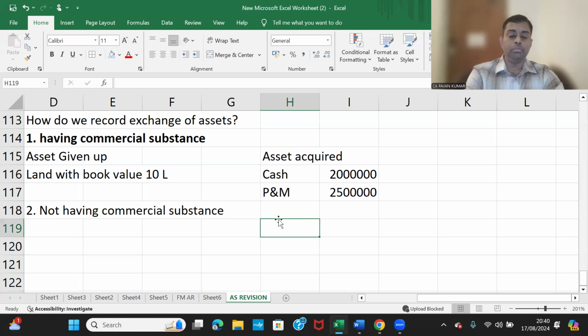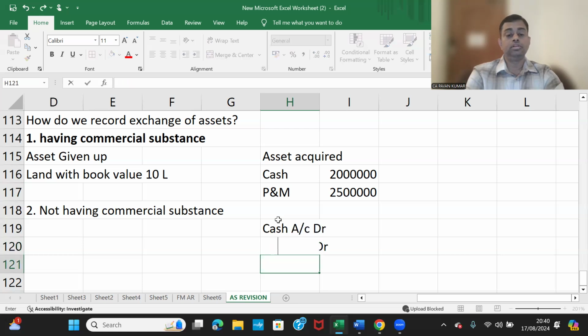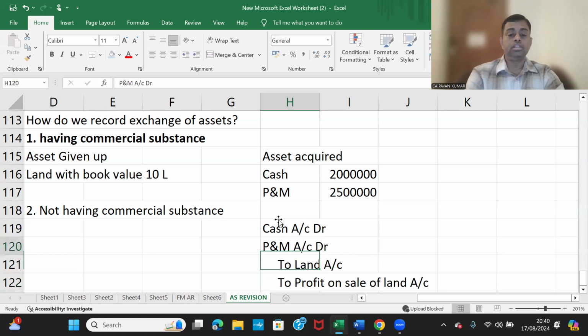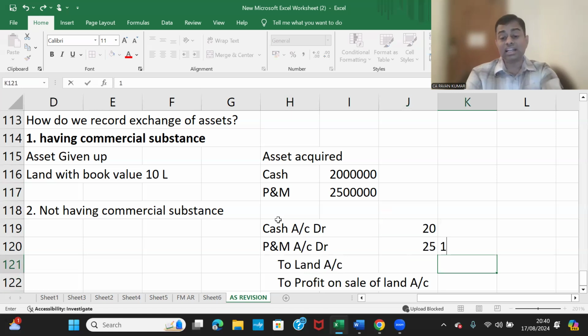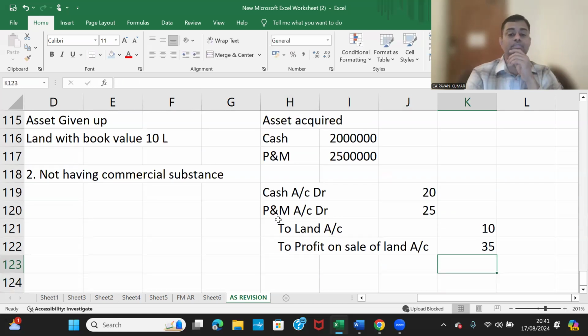So the journal entry should be cash account debit, plant and machinery account debit, to land account, to profit on sale of land, which goes to P&L. So this is 20 lakhs, this is 25 lakhs, this is 10 lakhs, and you recognize a profit on sale of asset 35 lakhs.